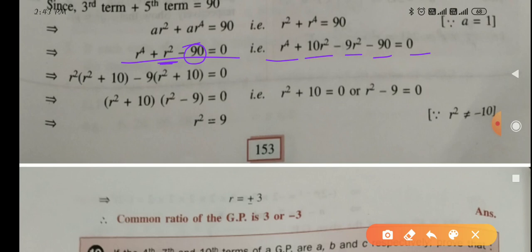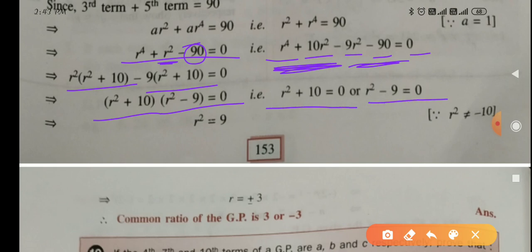In the first two terms what is common? r square is common. In the last two terms what is common? Minus 9 is common. So like this, (r square plus 10)(r square minus 9), two brackets you are getting and their product is 0. So r square plus 10 is equal to 0 or r square minus 9 is equal to 0.